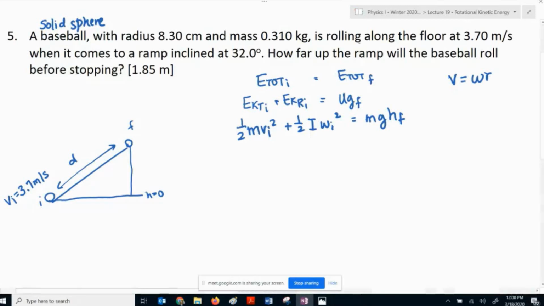Yeah, because the question tells you that the initial speed is 3.7 meters per second. So that's the v. We don't know the omega, so we need to get rid of omega so that we can plug in v instead. So there's the omega. And then we have the I, moment of inertia for a solid sphere, which is 2/5 mr squared. And then we'll plug all of that in.